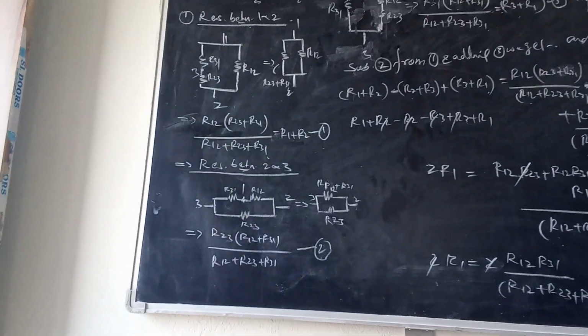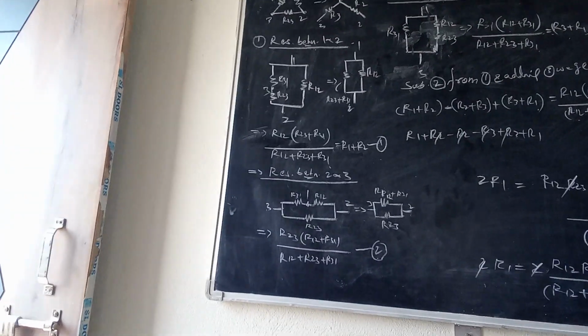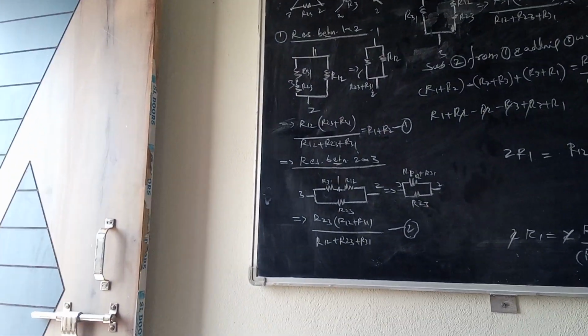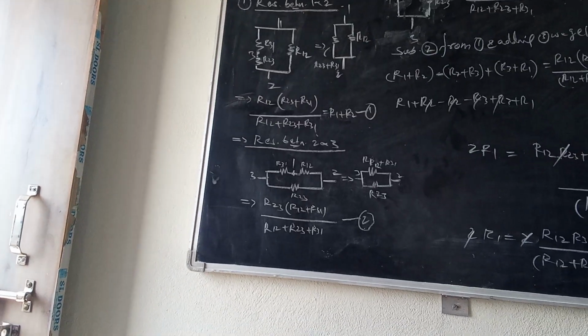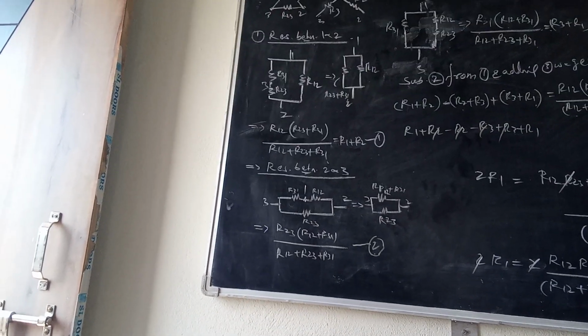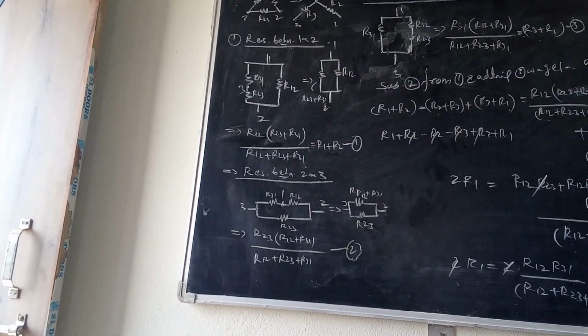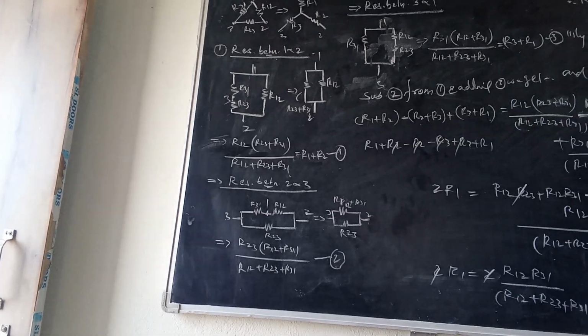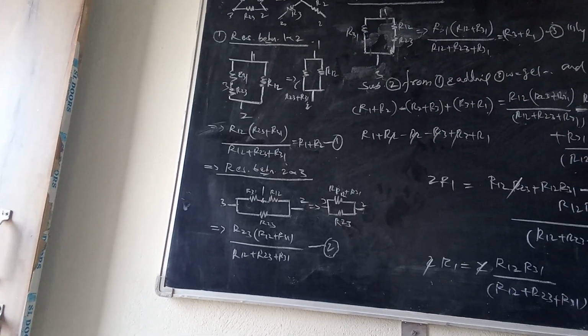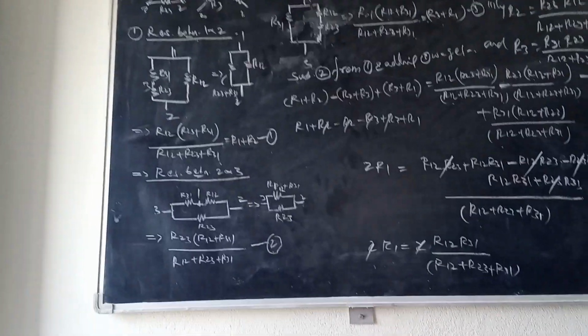So again it is calculated, considering the two in parallel: R23 outside, R12, R31 in the bracket, divided by R12 plus R23 plus R31 is the second equation, you got it.